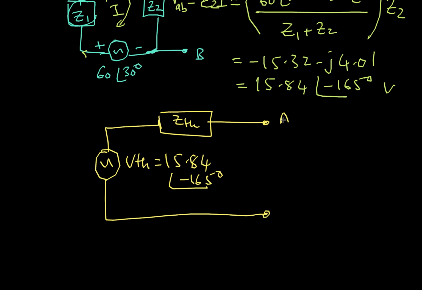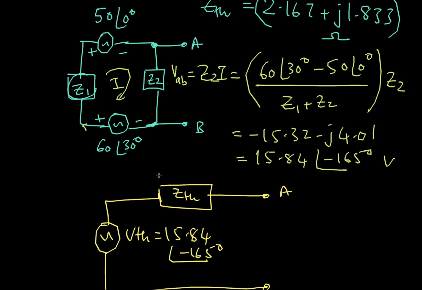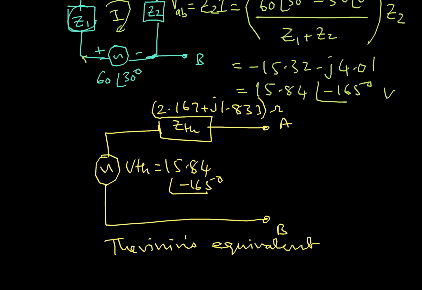So this is my terminal A and terminal B. This is Thevenin's equivalent. So what is the value of ZTH? 2.167 plus j1.833 ohms. So finally this is the answer for the third question.